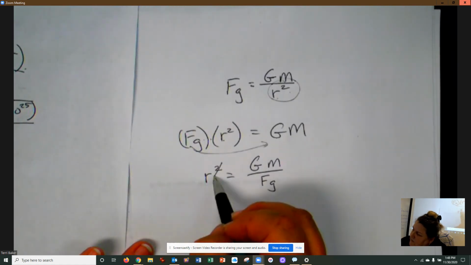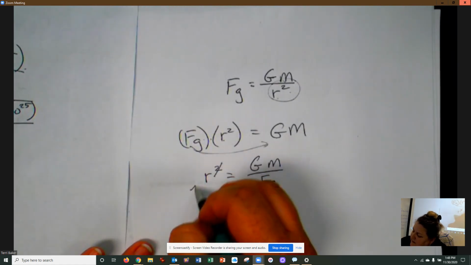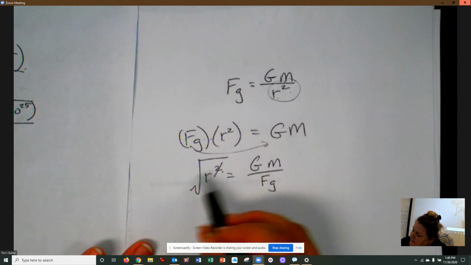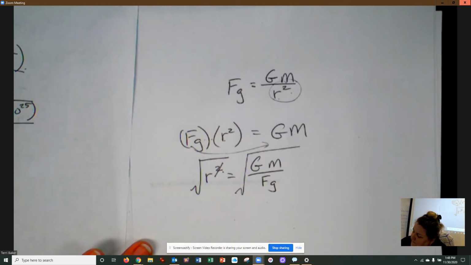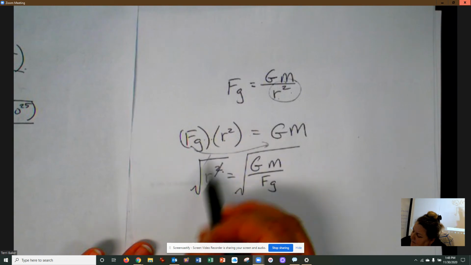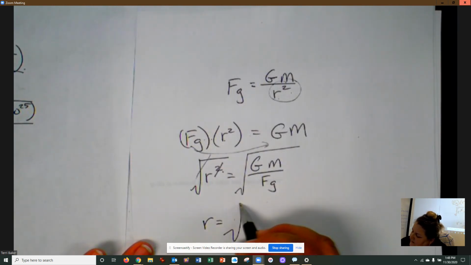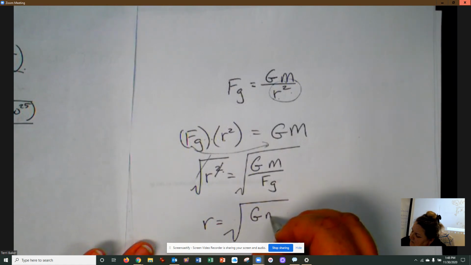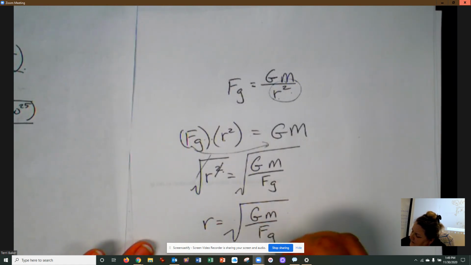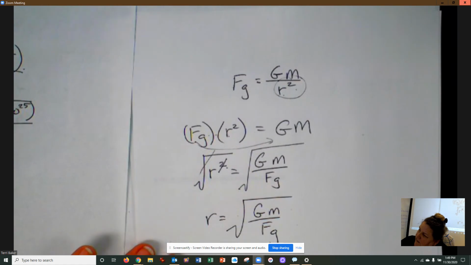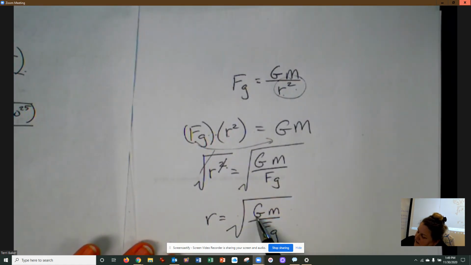Now I want to get rid of this square. So I take the square root of each side. This squared is canceled out by the square root, leaves me with r. And this side is G mass divided by the force of gravity, which in this case, G is 6.673 times 10 to the negative 11.